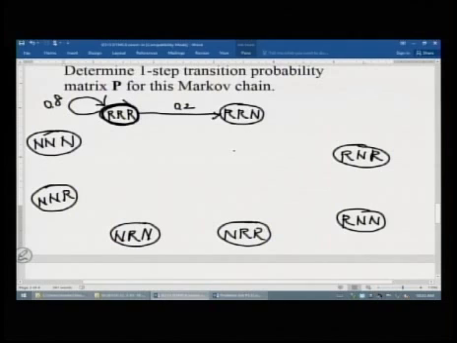When you draw the transition diagram, in this case, you have to be careful. You need to match these two weather with these two weather all the time.